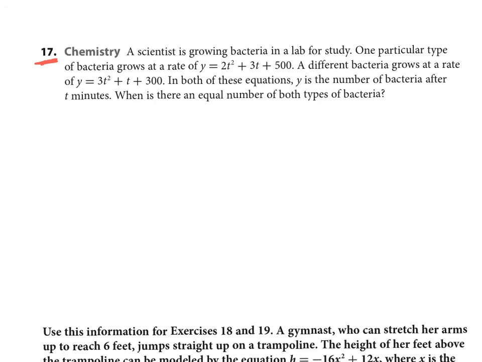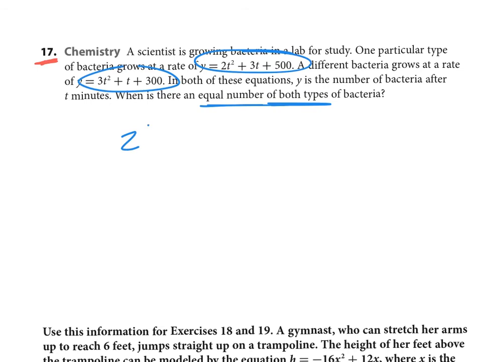well, because these are word problems, they're going to have you round the answers here. So here's what we end up with. What we're wanting is when there are equal number of both types. So what I want is I want this equal to this.